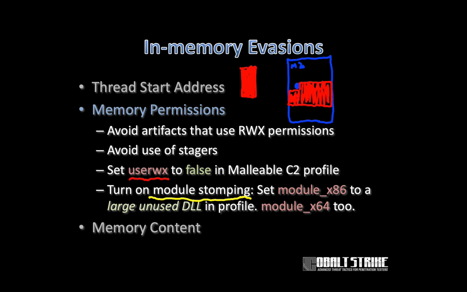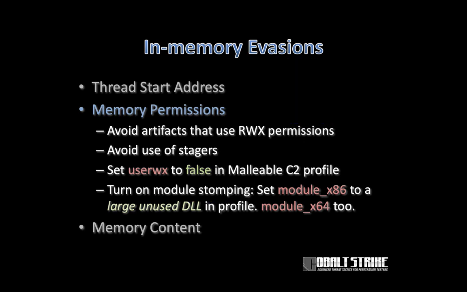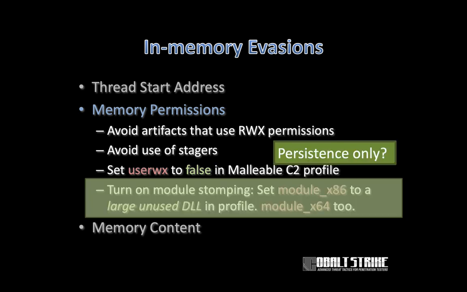So that's the benefit and beauty of module stomping. To enable module stomping, just set the module x86 or module x64 options in your stage block to the desired DLL.